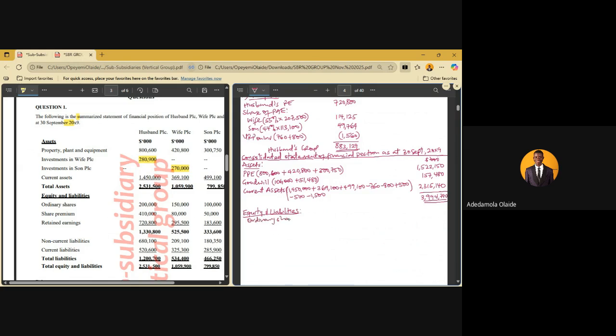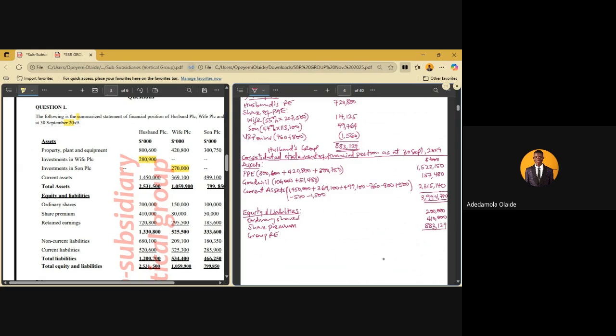Don't forget, we don't consolidate equity. So we have ordinary shares 200,000. We have share premium 410,000. Then the group retained earnings, which we've calculated, 883,129.